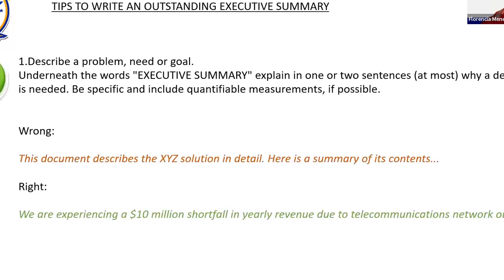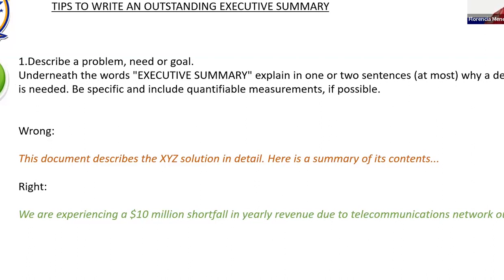Oh, here it is. So, sorry. I have included some tips in order to write an outstanding executive summary. First of all, it is important to describe the problem, need, or goal. Whenever we talk about executive summary, we need to explain in one or two sentences the previous step that was the problem.